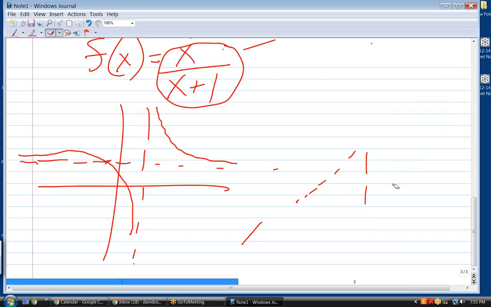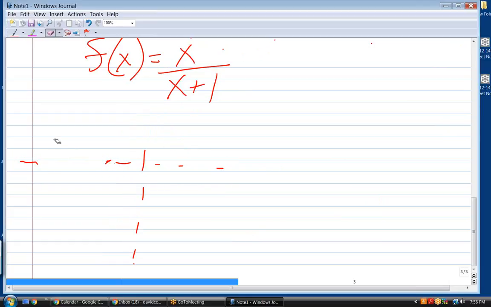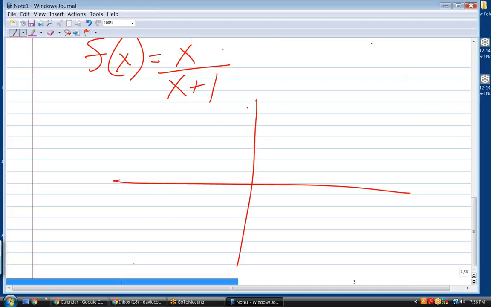Just not to get sidetracked from your problems that you have to do, but let's say I have this problem right here. Let me draw it properly. I have a vertical asymptote at -1. Have a horizontal asymptote at 1, right? Because the ratio of the coefficients are 1.